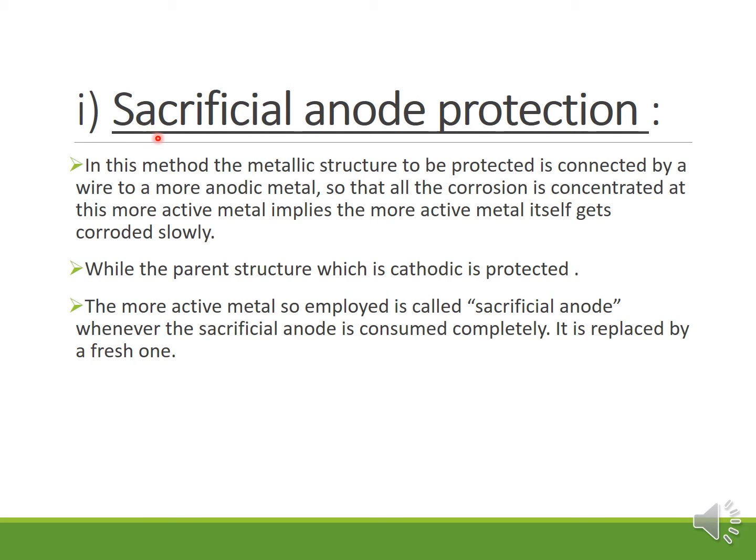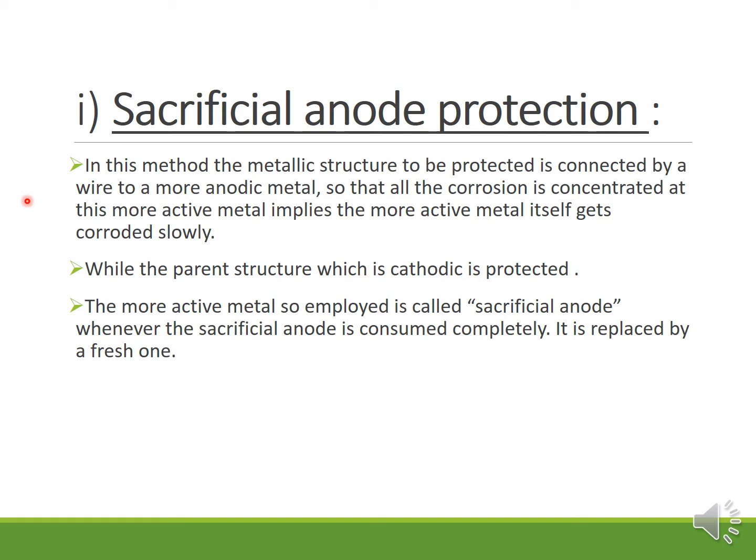In this, we are using a sacrificial anode. In this method, the metallic structure to be protected is connected by a wire to a more anodic, more reactive metal, so that corrosion is concentrated at the more active metal and the base metal will remain as it is.